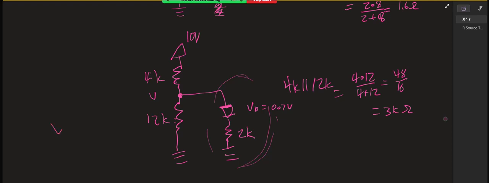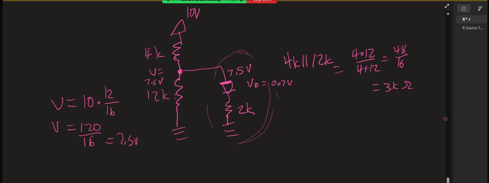V equals 10 times 12 over 16, or V equals 120 over 16. Does someone have a calculator? 7.5. Okay, so we know we've got 7.5 volts right there.